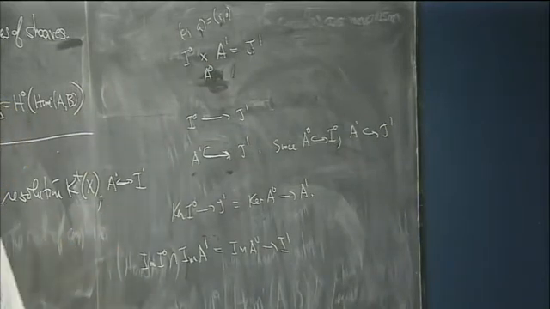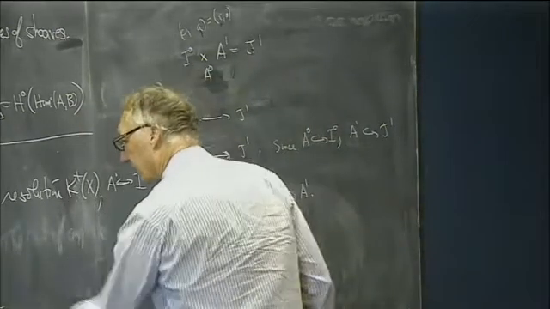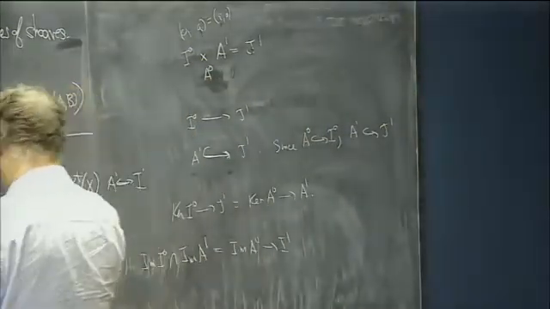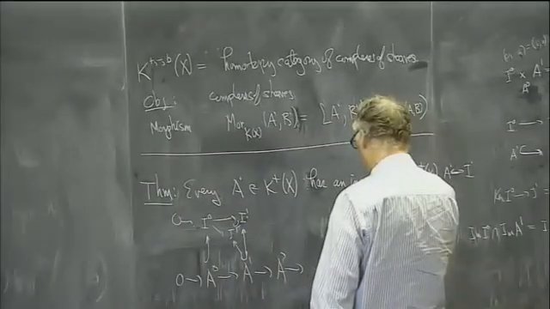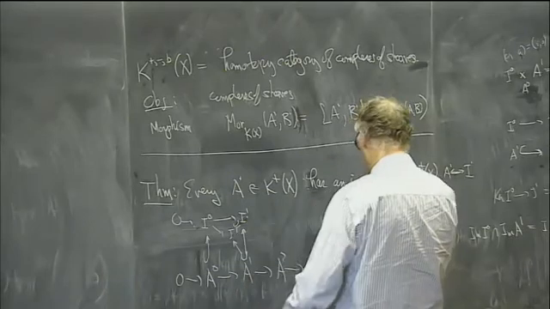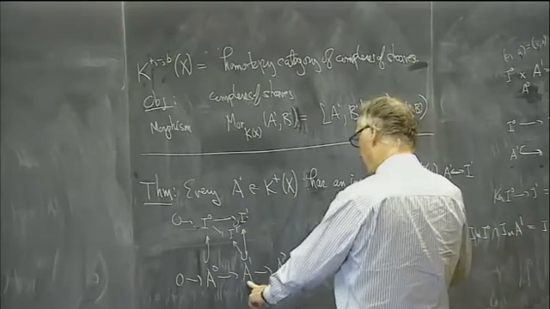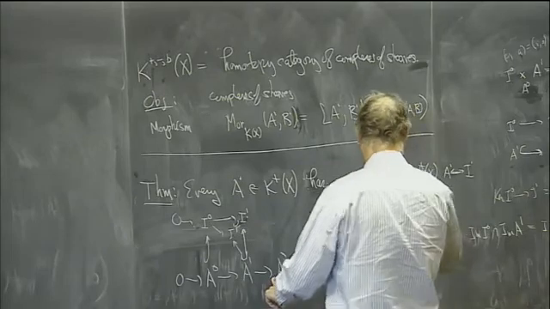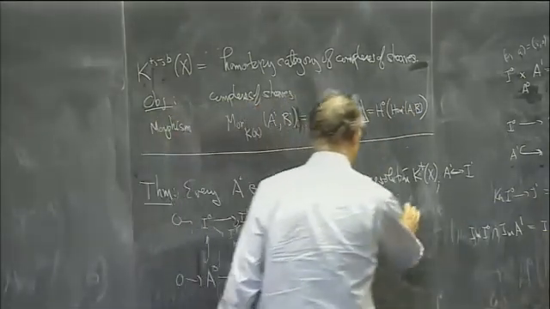So now I'm going to take, where shall I do it? I'll do it over here. Now here I'm going to take I1 mod I0 fiber product over A1 mod A0 with A2. I'll call that J2.